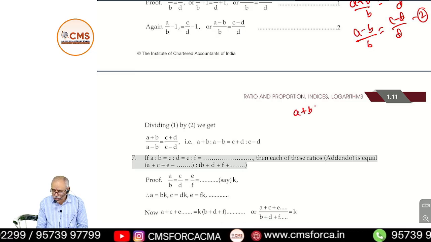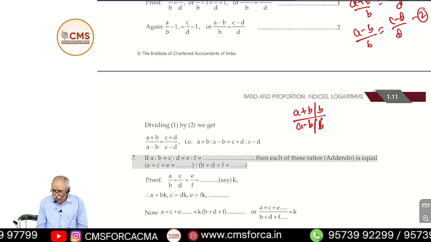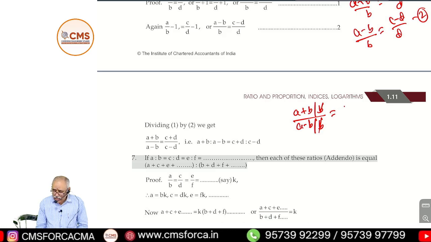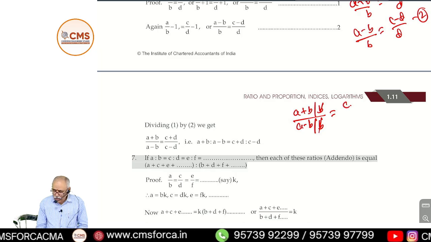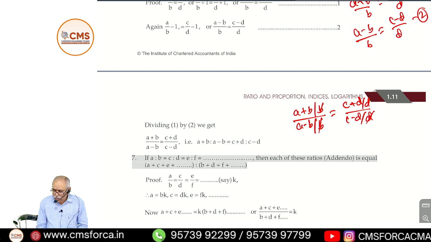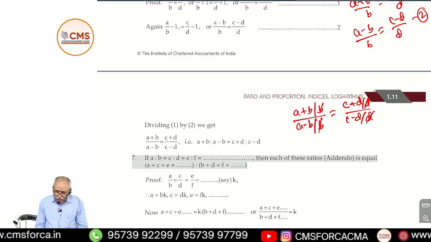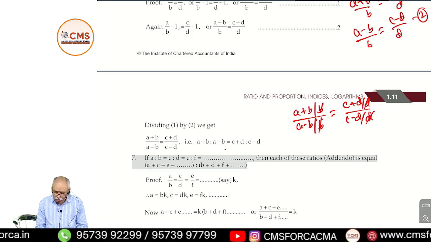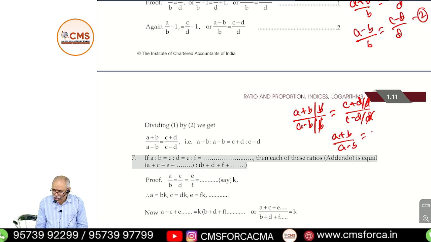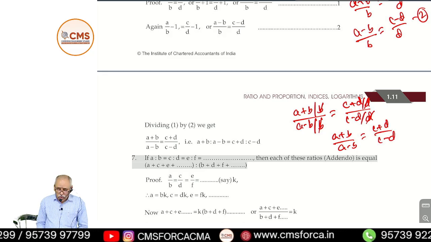A plus B by B divided by A minus B by B. B will cancel or not? On the right-hand side, C plus D by D divided by C minus D by D. D cancels or not? So the answer you got is A plus B by A minus B equal to C plus D by C minus D.